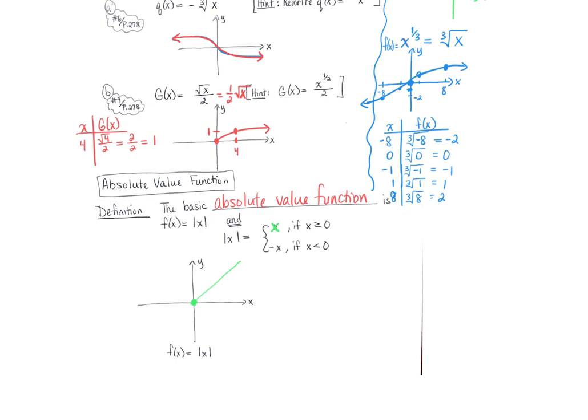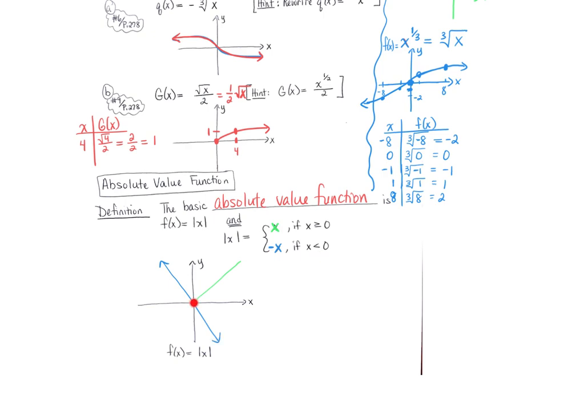Okay? Then we have negative x if x is less than 0. The graph of negative x, we know, has a slope of -1 and looks like that. But the thing is, it says if x is less than 0.